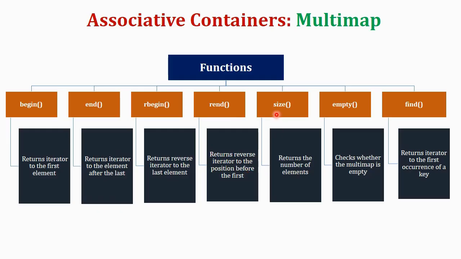Next, size will return the number of elements. Next, empty checks whether the multimap is empty. And finally, find returns the iterator to the first occurrence of the key.